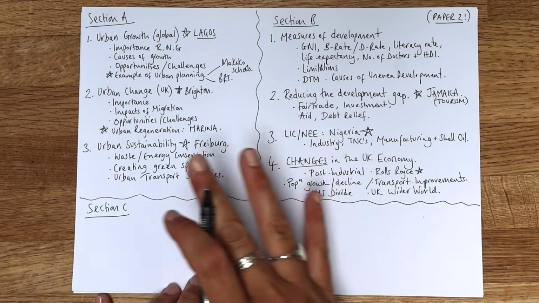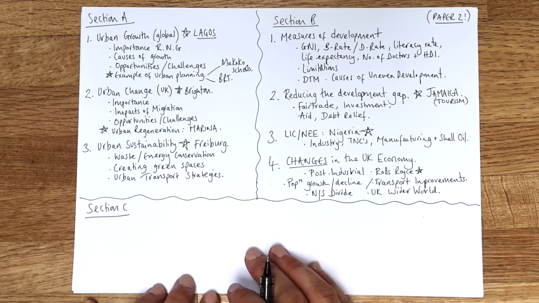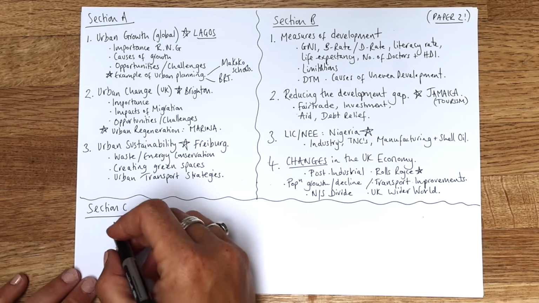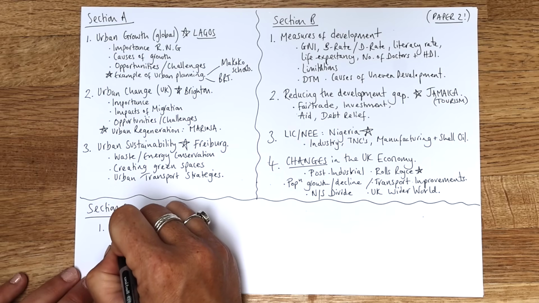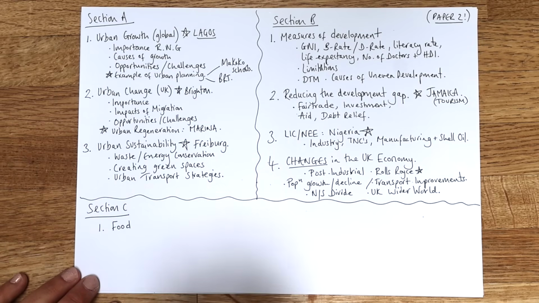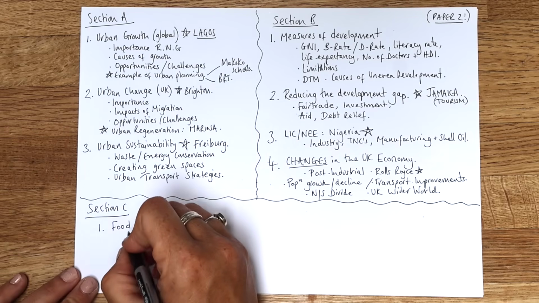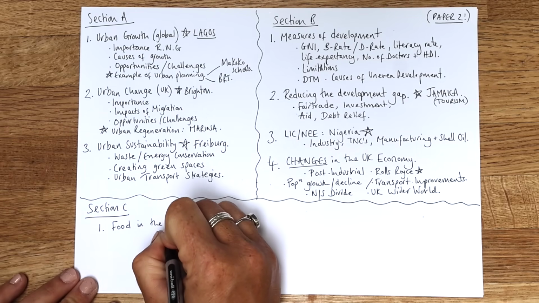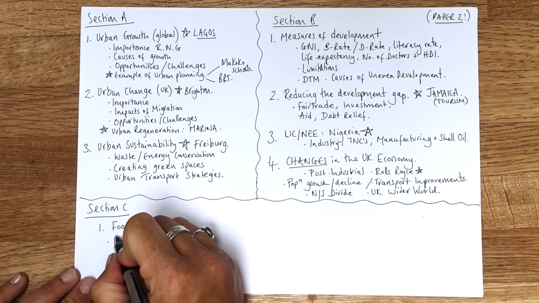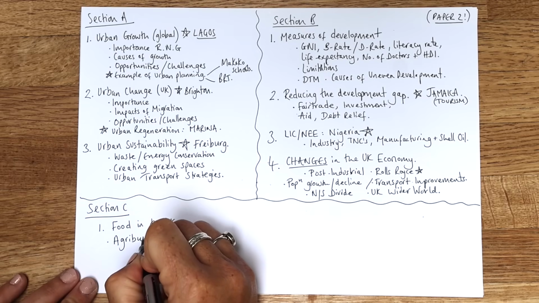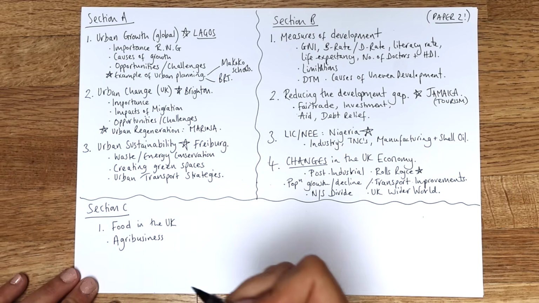Okay, well done. That's the toughest section, I think. Section C is really nice. So it will start with food, water and energy in the UK. So if we start with food in the UK, so that's things like agribusiness. So you only have to watch Clarkson's Farm to know what that is.